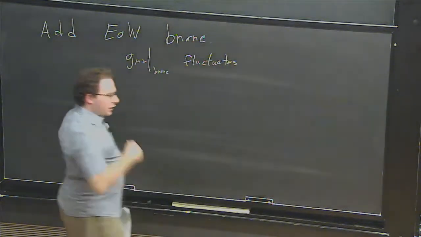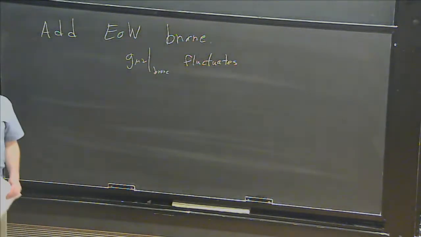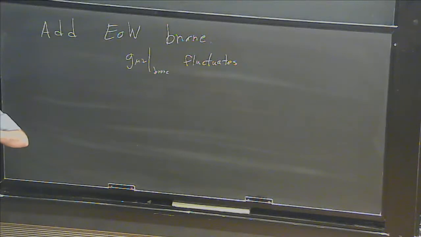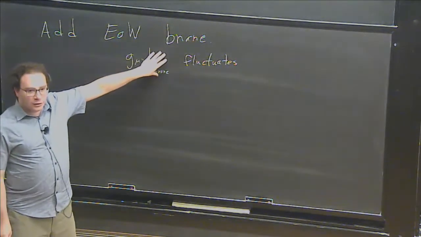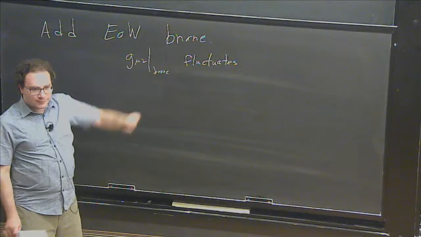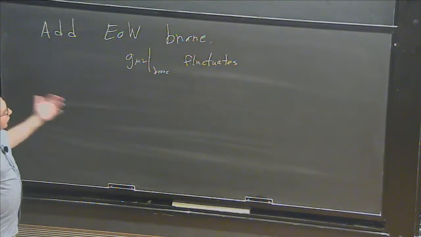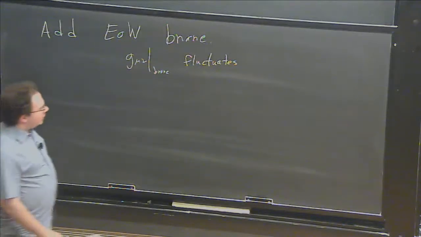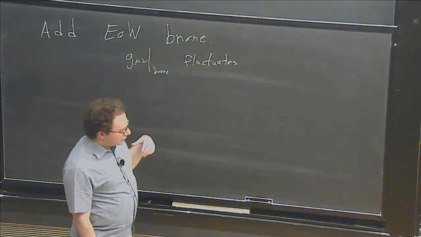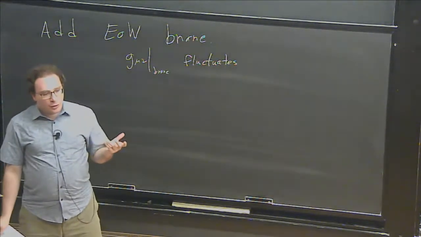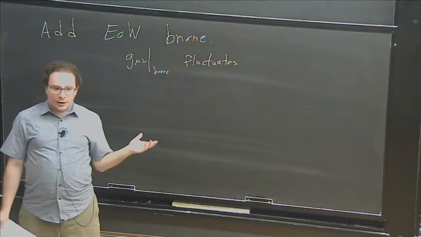In other words, we should be gauging the diffeomorphisms at the location of this brane. In contrast to an external boundary, like the nearly AdS2 boundary that you add by hand and where you fix the metric, this is supposed to be an internal object of the theory. Okay, so we should integrate the metric there. When you have boundary conditions in JT gravity, there's also a choice of whether you want to fix the dilaton or its canonical pair.